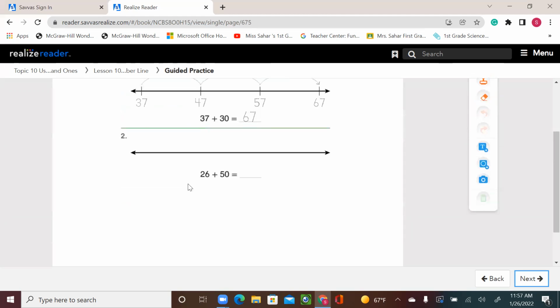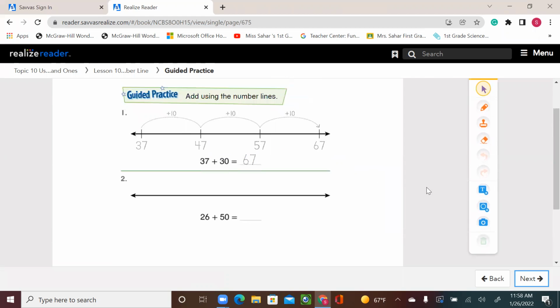All right, let's see the second question. 26 plus 50. I'm going to start with my number, 26, and then I'm going to add 5 tens. 50 means 5 tens.